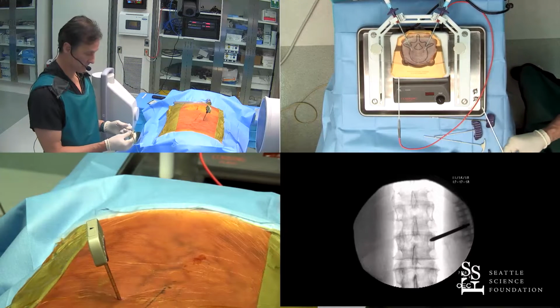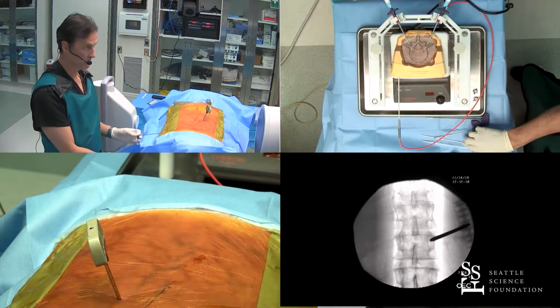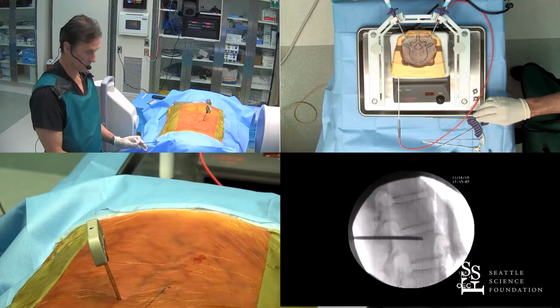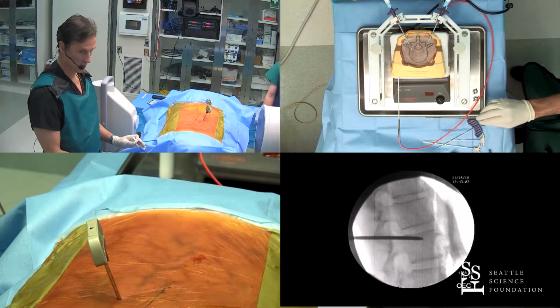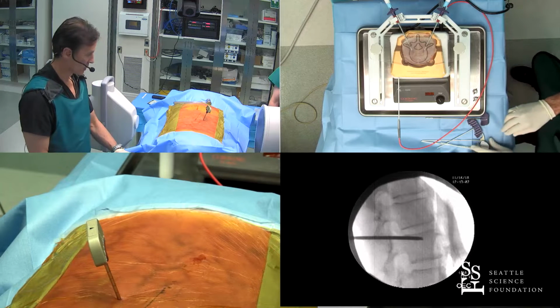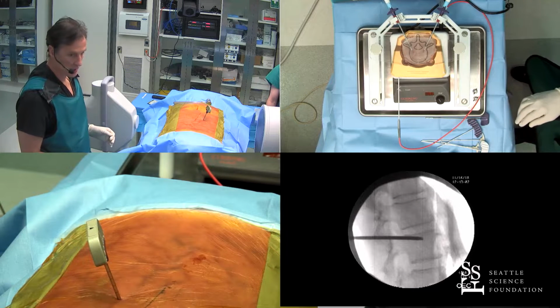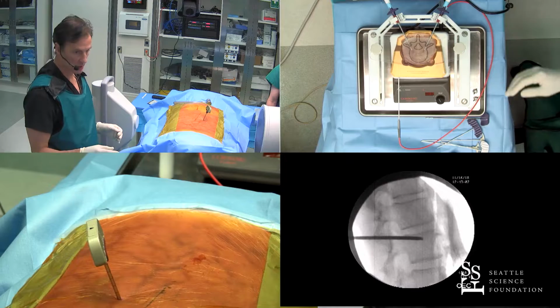And Doug, for the audience, what are the reasons you do not want to transgress the medial wall of the pedicle before entering the vertebral body? So we want to stay away from the spinal canal. And this is easily within the vertebral body here.